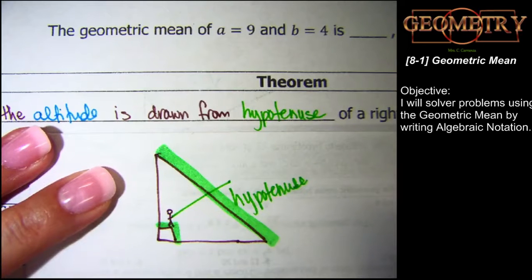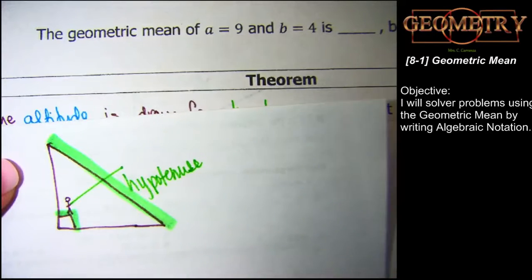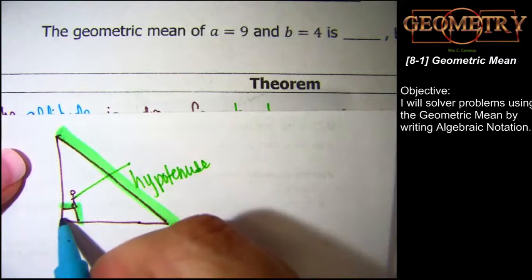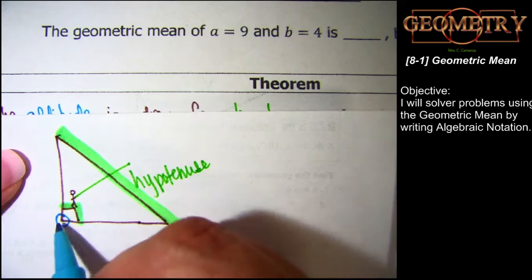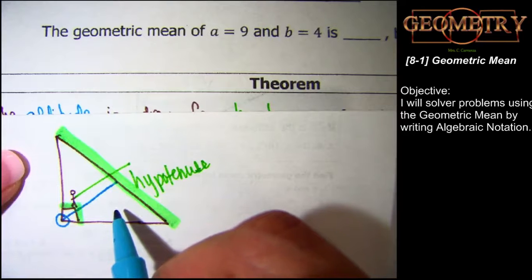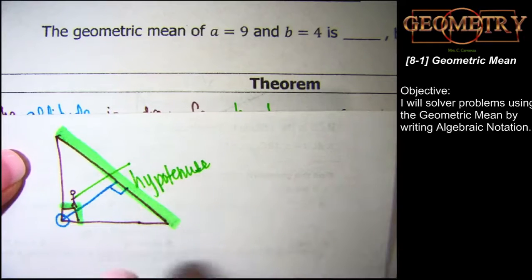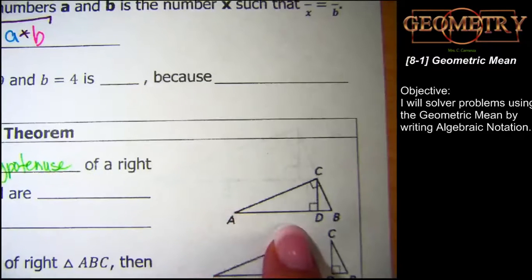The altitude is going to go from a corner. In this case, we're going to pick the corner with the right angle. And it's going to go toward the hypotenuse. So it's going to go the same way that your little laser gun went. And it's going to crash at a right angle. So your figures are going to look like that. All the ones that we're about to do are going to look like that.